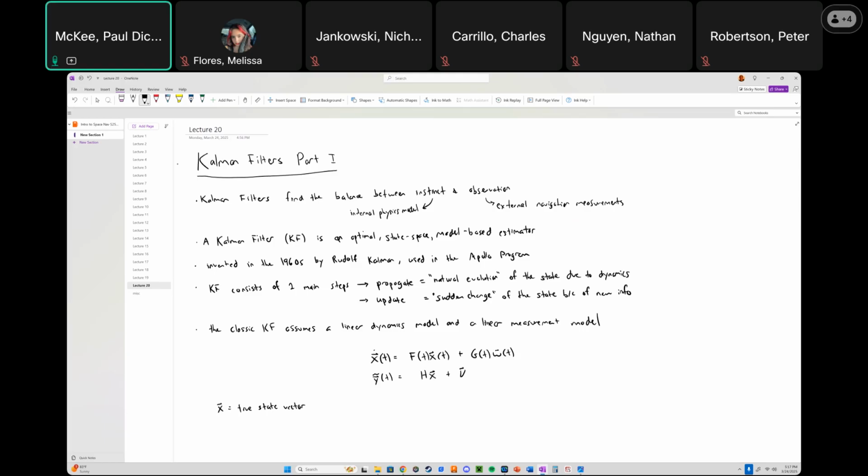And then omega is zero mean white process noise. And then y tilde is your noisy measurement vector, which can be a vector or scalar. And then nu is your zero mean white measurement noise.